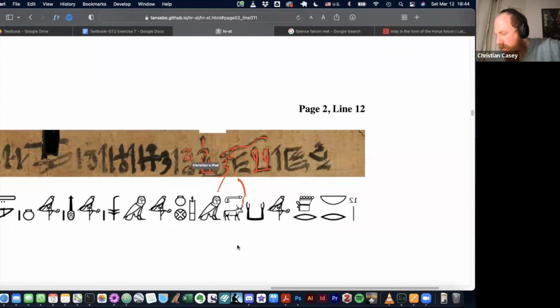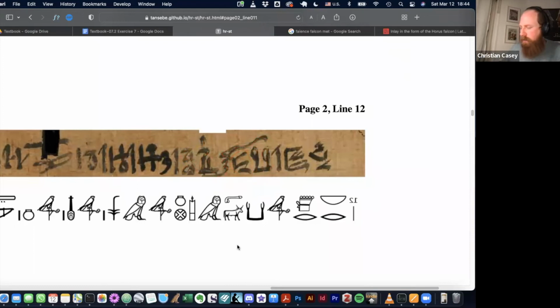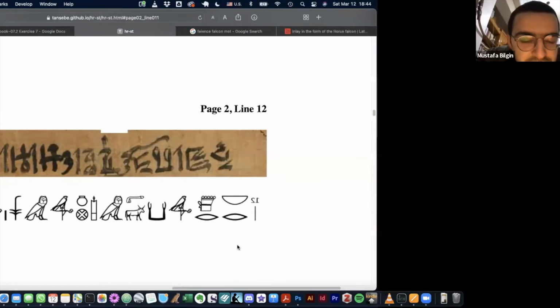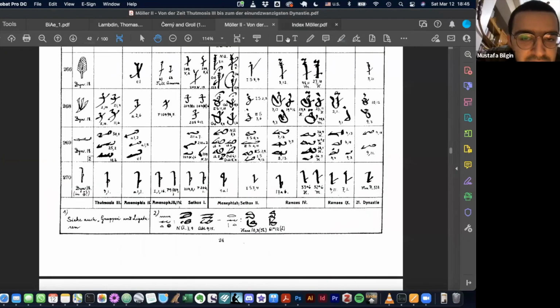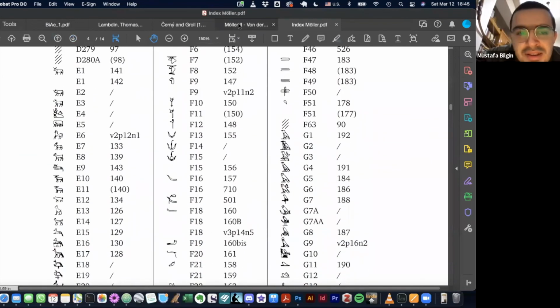So we have everything else here. And then the only weirdness is this. I don't even know how you get a bull from that. That one we're gonna have to look up. It's easy enough to look up. It looks like nets more than the bull sign.